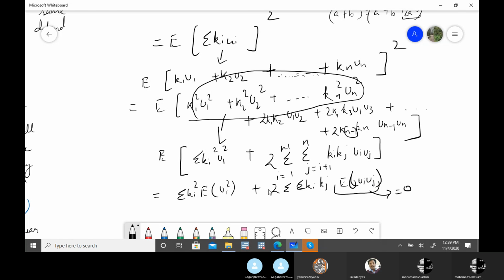So this whole term gets converted into 0, and we only remain with summation ki square into expectation of ui square.